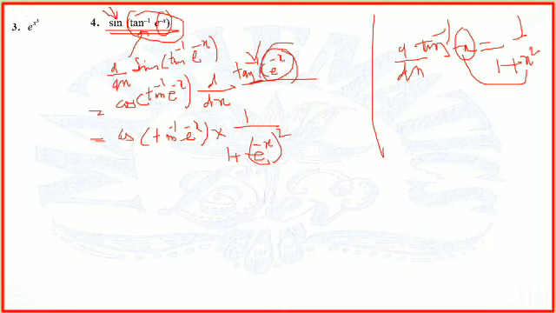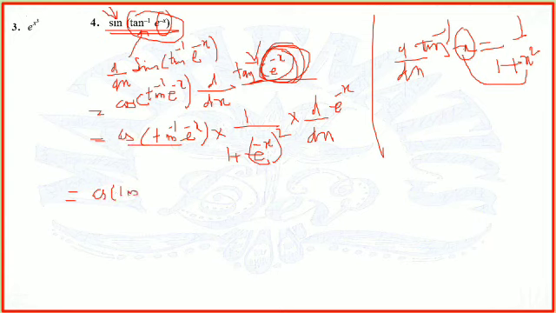Now the derivative of its angle, that is e to the power minus x, then the derivative of e to the power minus x. So the next step is cos, outside the same thing, cos tan inverse e to the power minus x upon 1 plus e to the power minus x, and then whole square.